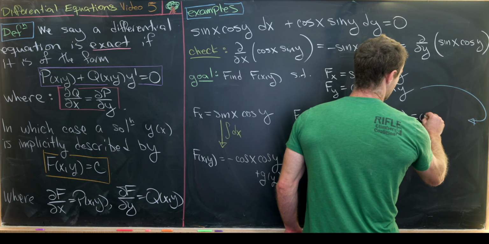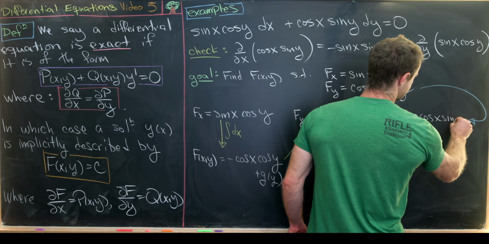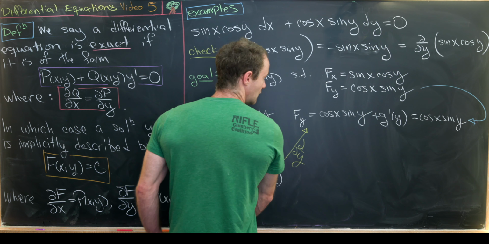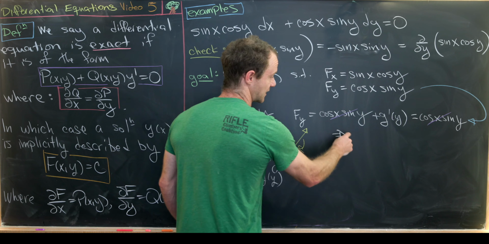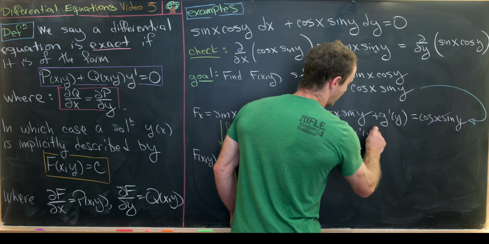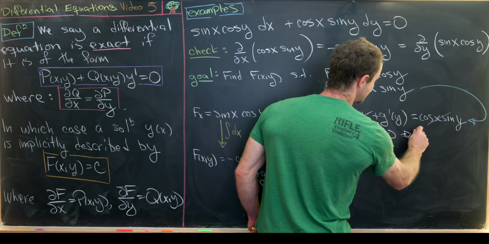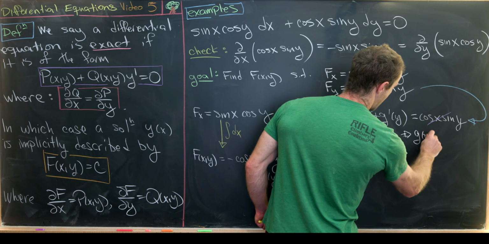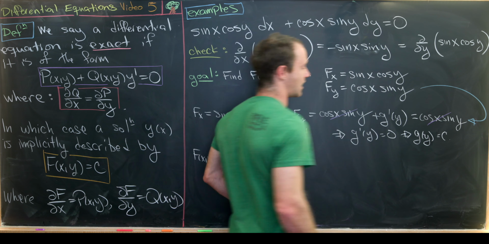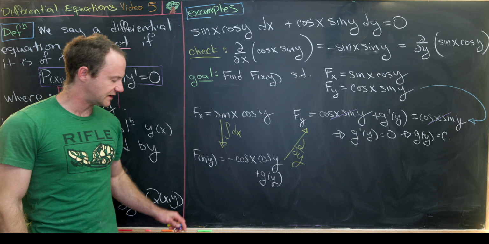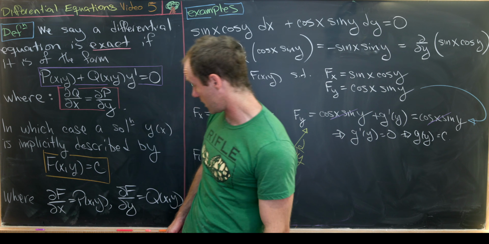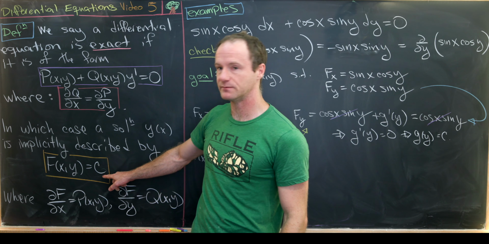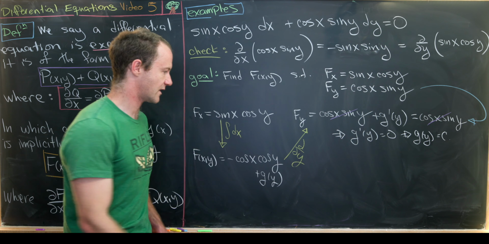So let's see, we'll have cosine of x times sine of y. We can cancel out those from both sides of the equation. This thing works very quickly. We get g prime of y equals 0, which means g of y is really just some sort of constant. But we don't really need to worry about it being a constant or it being added to this function because we have a constant built into this last step right here.